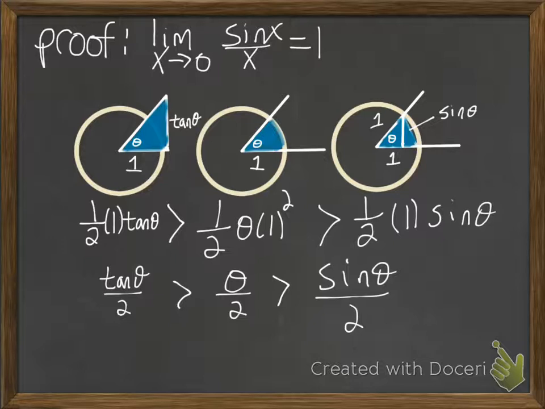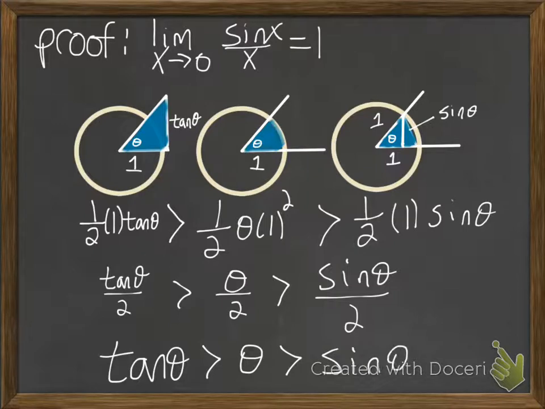So now let's get rid of some fractions here. We have that common denominator of 2 in all those inequalities. So I'll multiply through by 2. That'll leave me with tangent theta is greater than theta, which is greater than sine of theta.